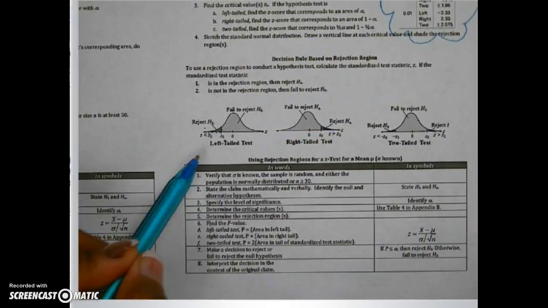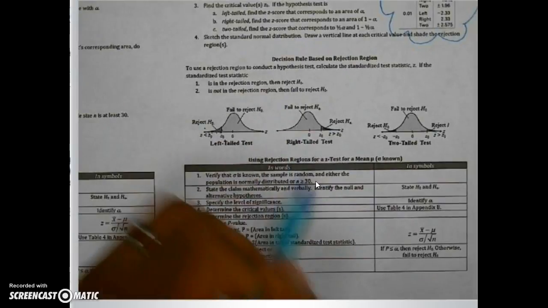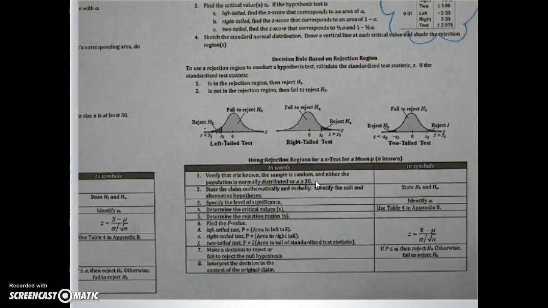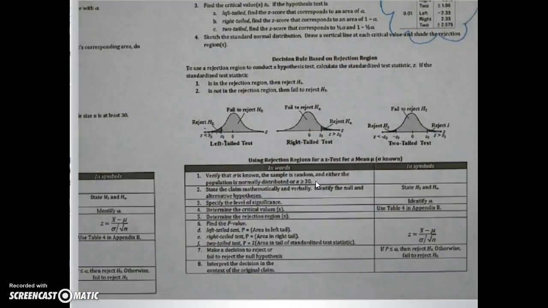And we will always, always, always reject the shaded region. That's something to remember, that we will always reject the null hypothesis if it's in the shaded region. So note that as we go through these exercises.